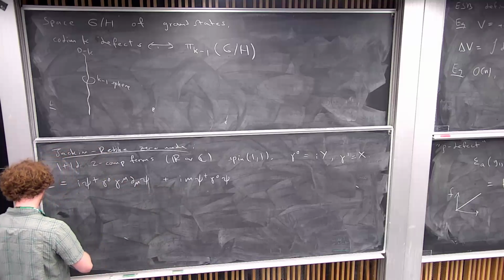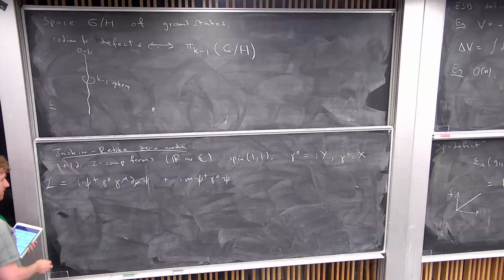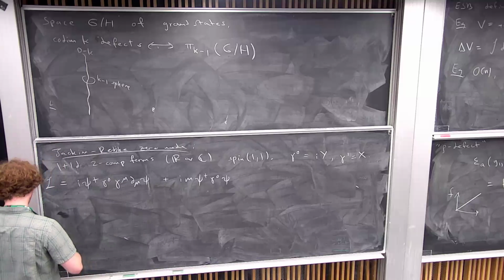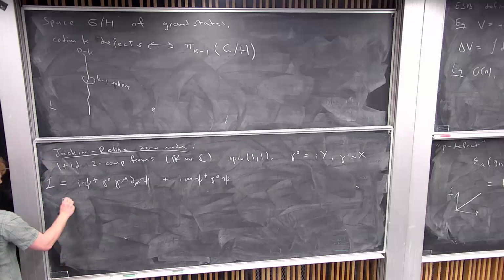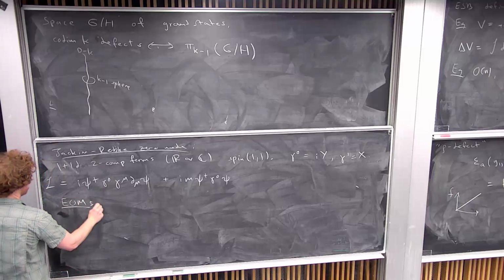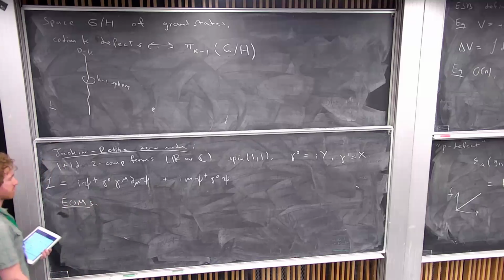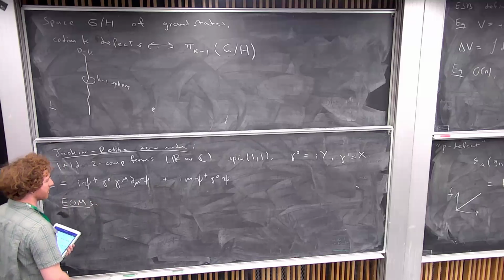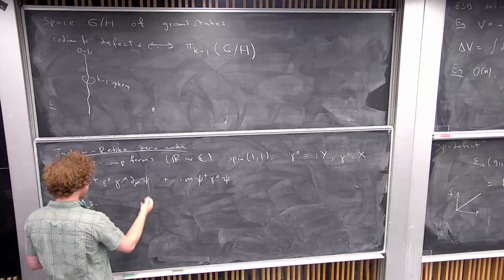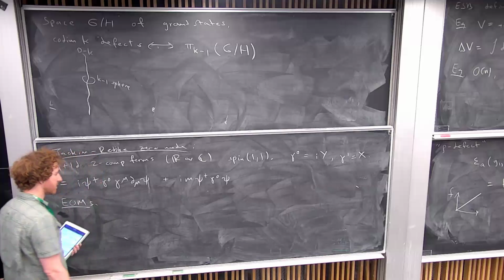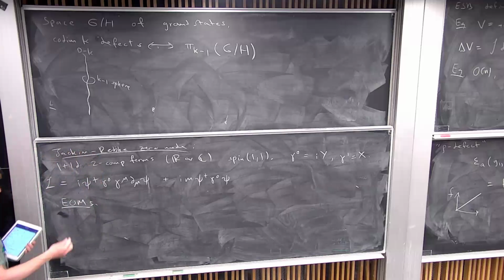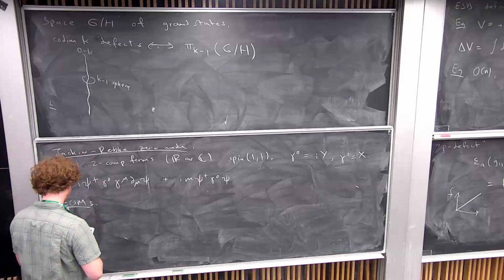Now, there are equations of motion for this problem. Now it's a free problem in the sense of just being quadratic in psi. So any many-body problem can just be solved by solving the equations of motion.